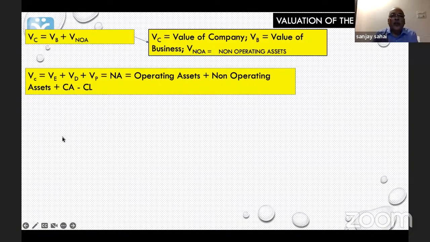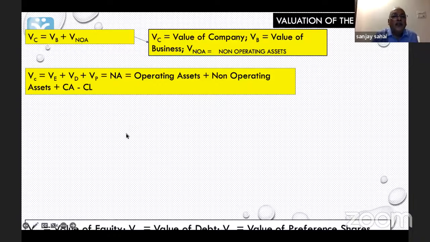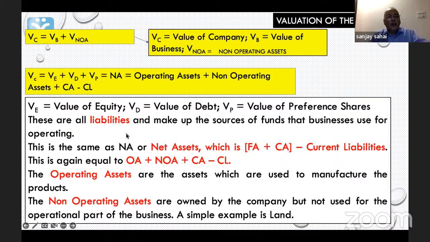So basically what we are doing here is we can value it on the basis of the liabilities. The moment we do that, it is automatically equal to the value of the assets. Now here I have explained this, what I have just told you, in this particular box here.